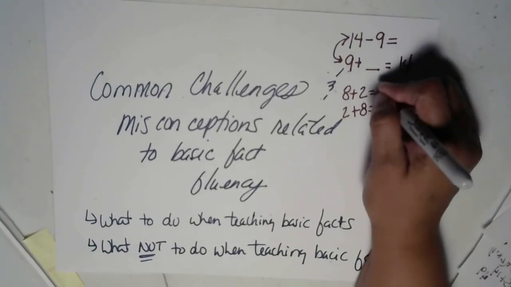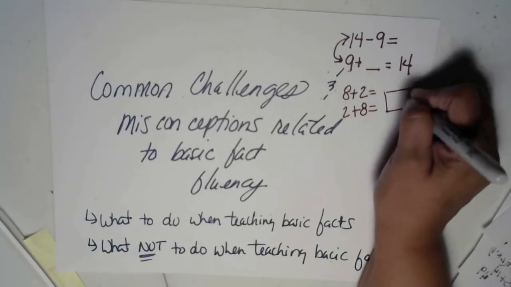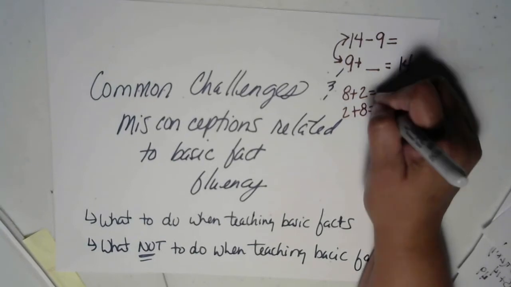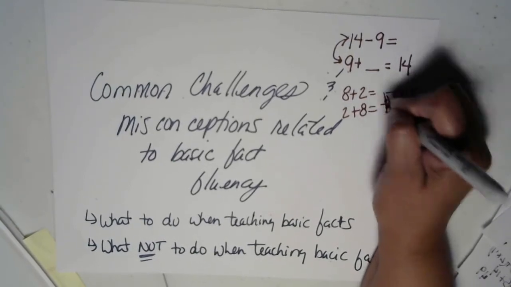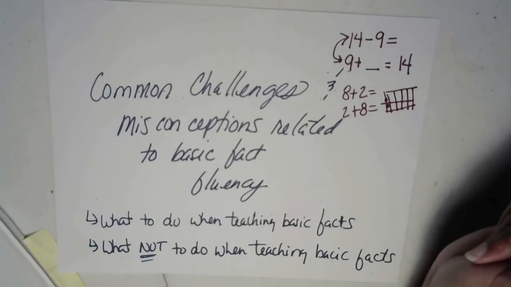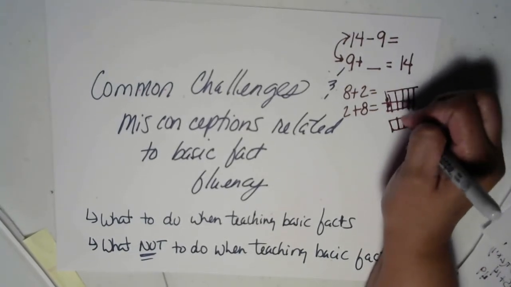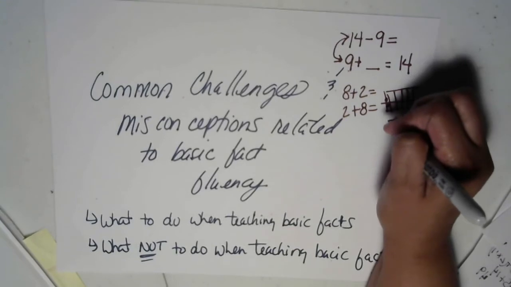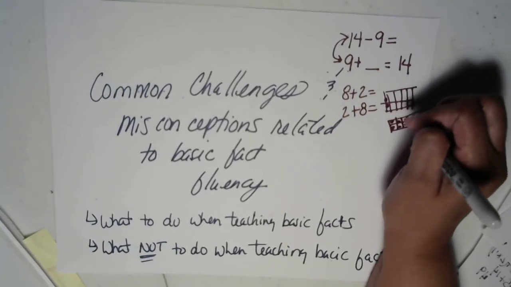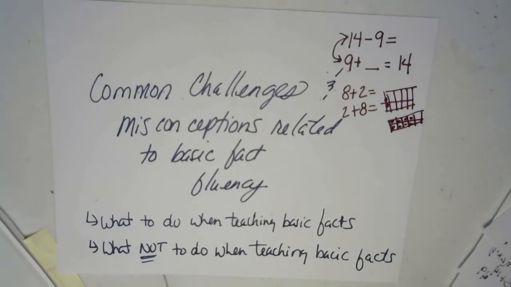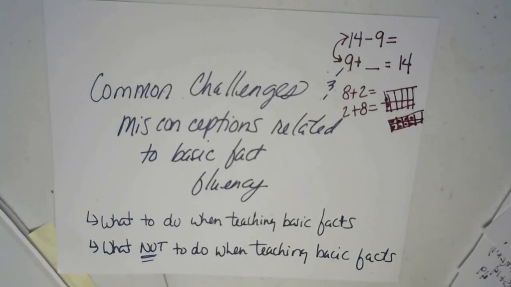So you can use your 10 frames. How many more do I need? Same thing, I can do it the other way around. How many more do I need? Both is 10.